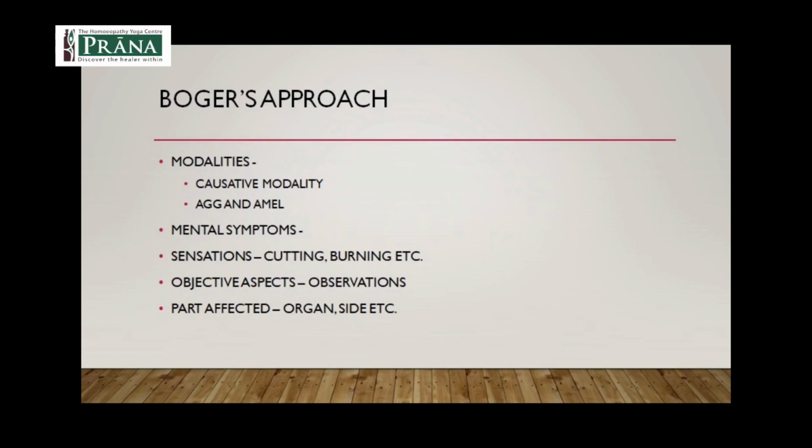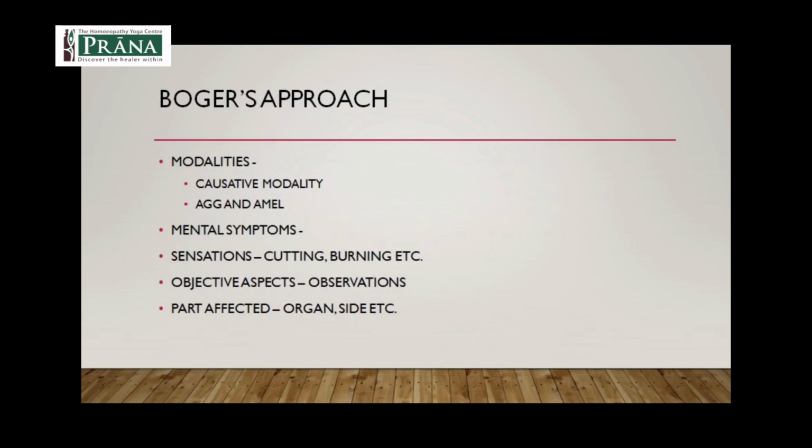After that, the objective aspects, that means the observation at the physical level and the mind level, whether the patient is restless, dull, how is the discharge, offensivity, color of the discharge, anxious look. You have to consider the observation. And last but not least, the organ affinity, which organ is affected. That has to be considered while prescribing.